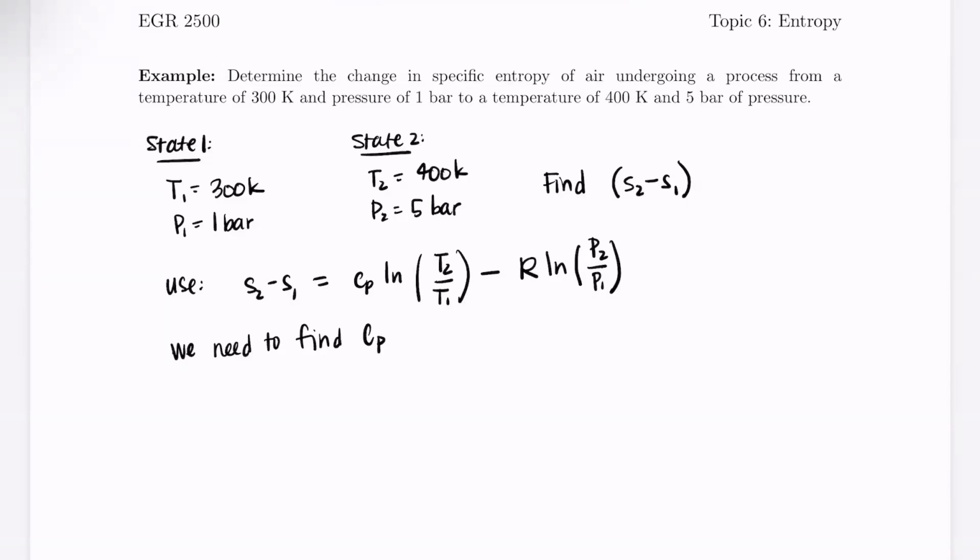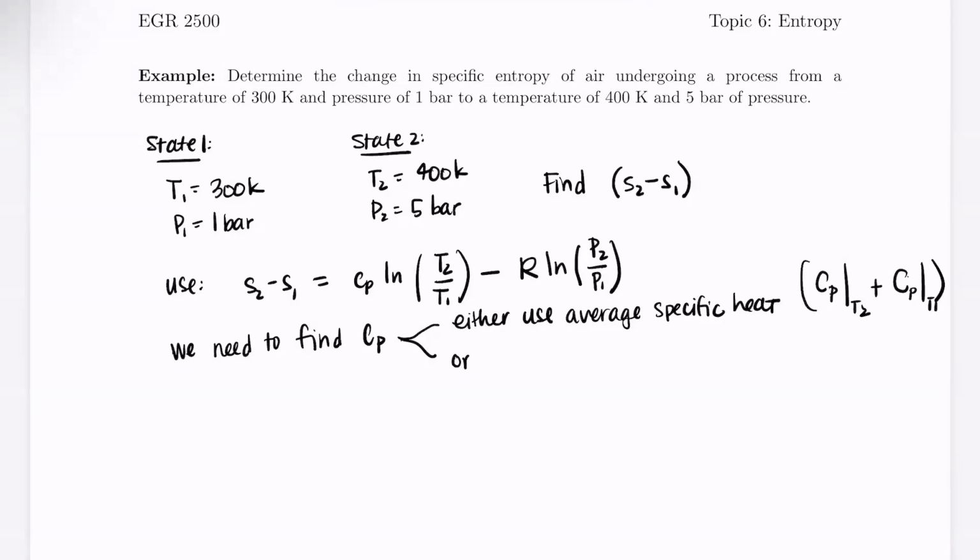We can do one of two things. We can either use the average specific heat, or we could take the CP at T2 plus CP at T1 and then divide this by 2.